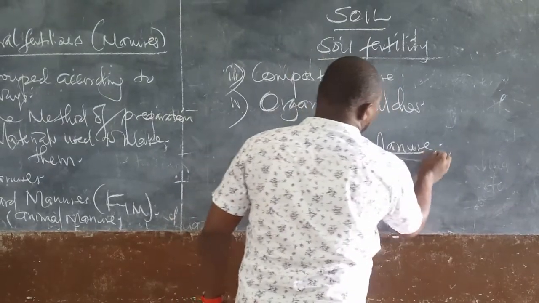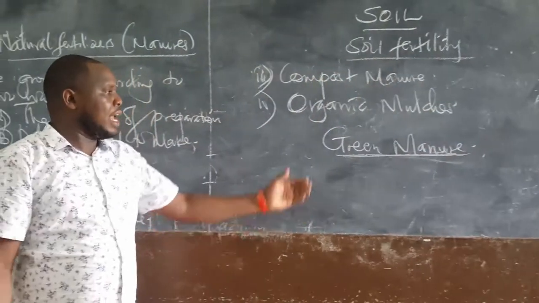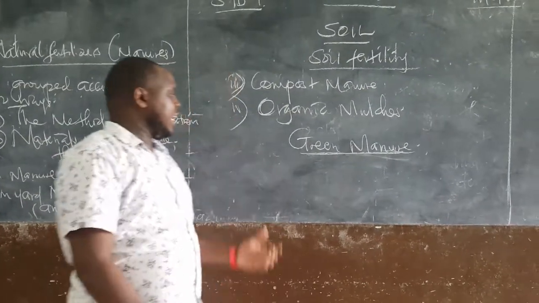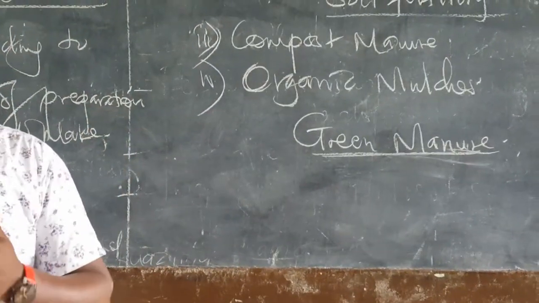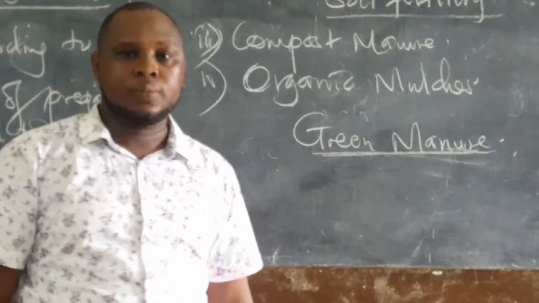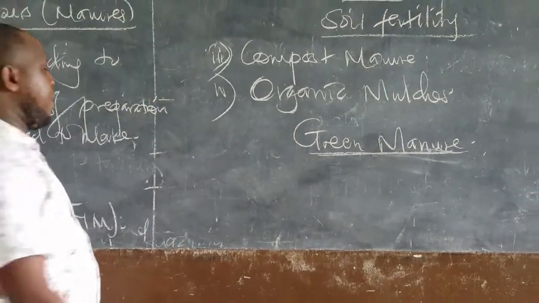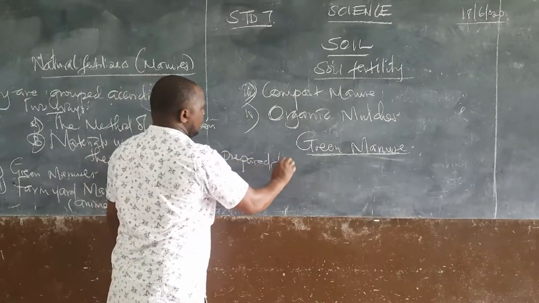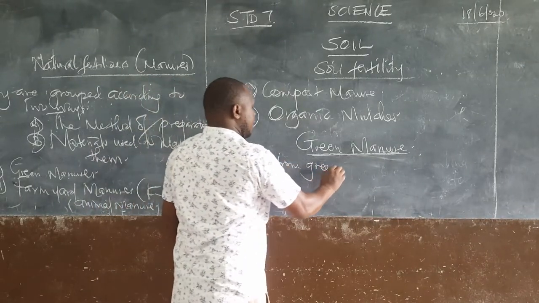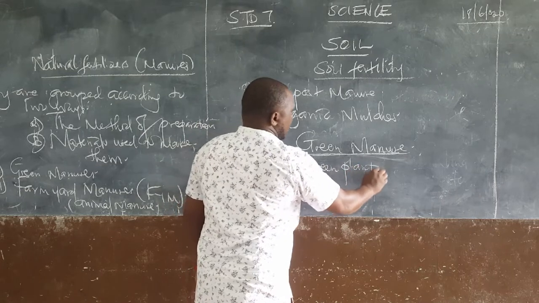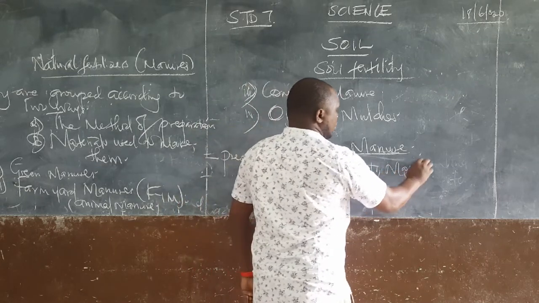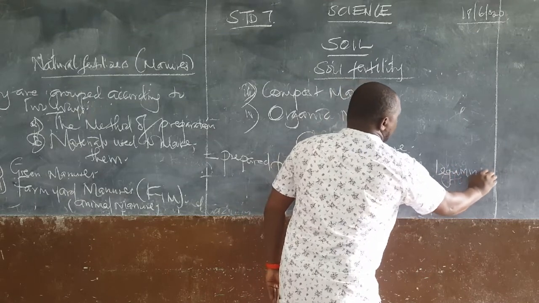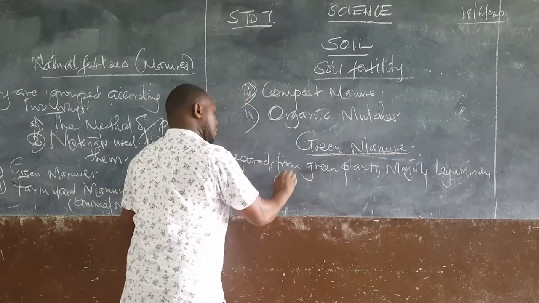From the word green, you will realize that these are material. It's a type of natural manure which is prepared using green plants, majorly leguminous plants.